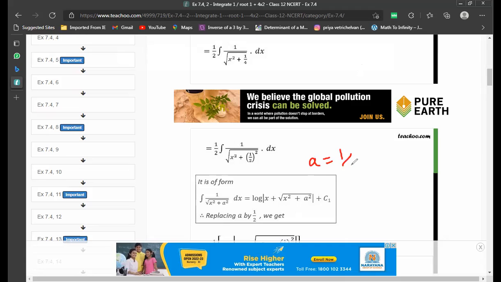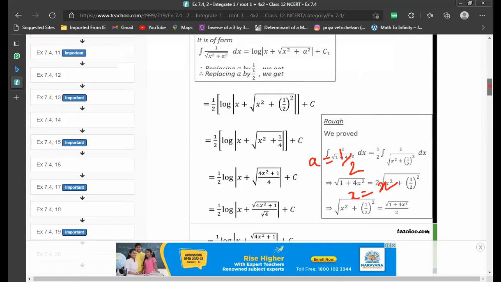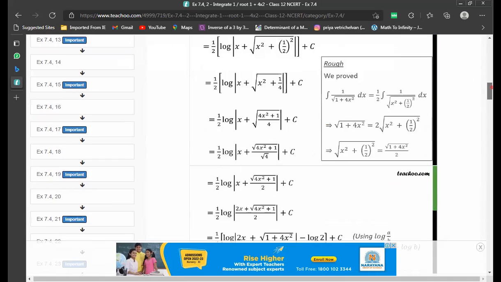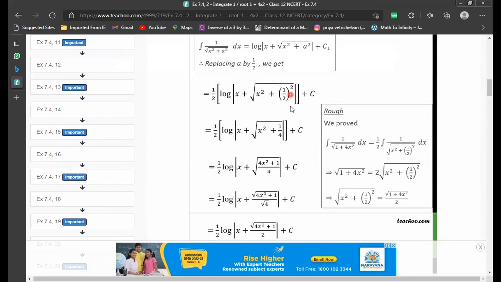So the value of a is going to be 1 by 2 and x is x. So it's going to be log of x plus square root of x square plus a square, where a square is 1 by 2 square. And 1 by 2 square can be written as 1 by 4. Then take the LCM and simplify.